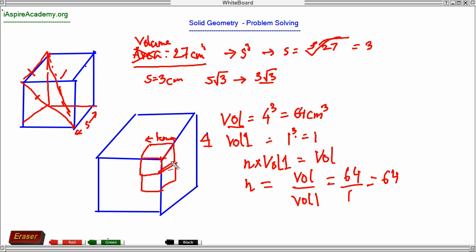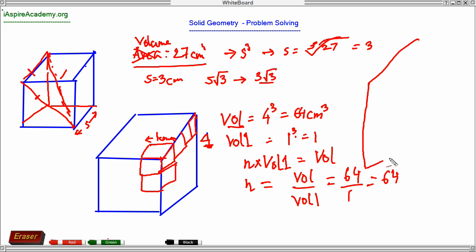Now, to solve this problem, let's say this is 4. You have to try to visualize how many cubes on each surface will have exactly one side painted. So let me draw a little bit bigger.